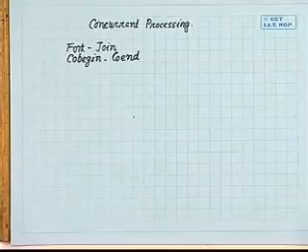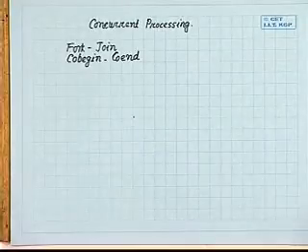So to explain how this co-begin, co-end construct can be used for writing concurrent programs, let us take the same flowchart, the same precedence graph that we considered in the last class.